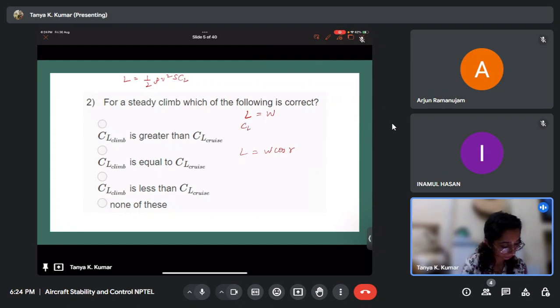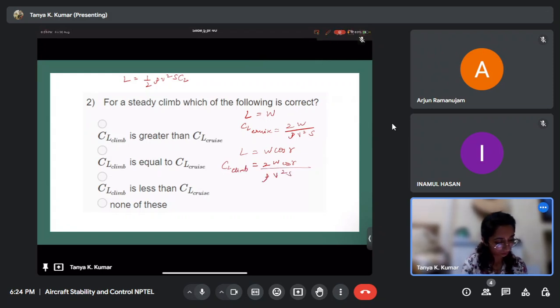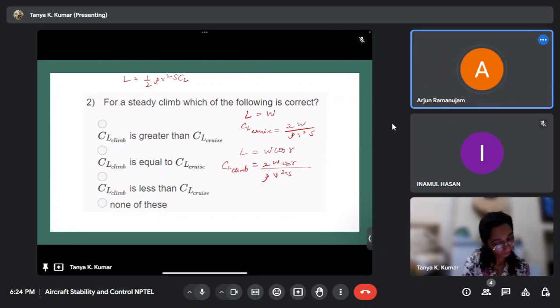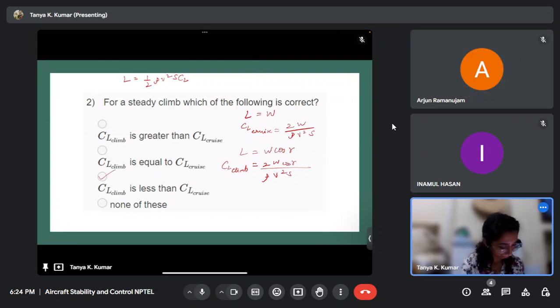So your CL cruise would be 2W by rho V square S. Here it would be 2W cos gamma by rho V square S. So what is the right option? CL climb is less than CL cruise.